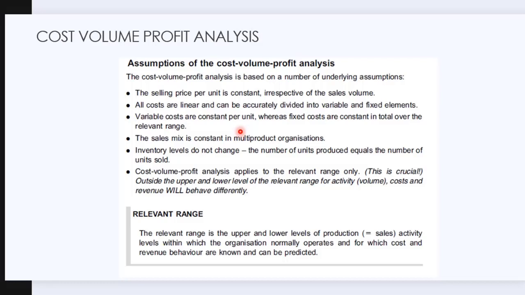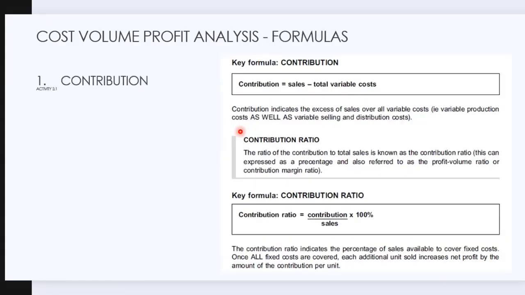No, it will be given to you. There will be a good distinction of saying this is variable, this is fixed cost. Your variable costs are constant per unit within a relevant range, meaning there won't be a sudden price increase. Whatever price that you pay for your wood, that would stay the same. Yeah, so those are the assumptions.